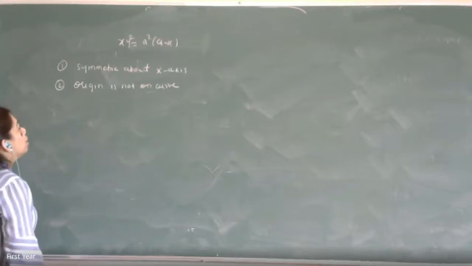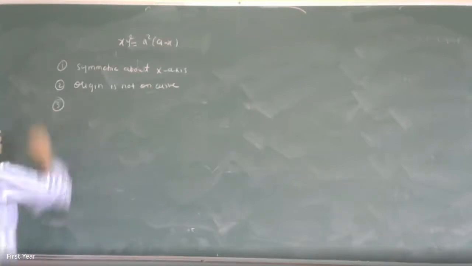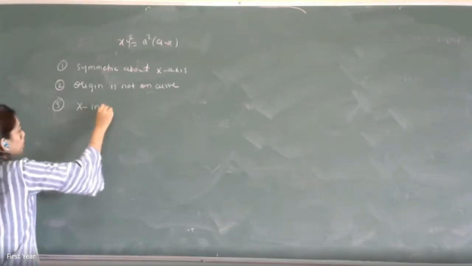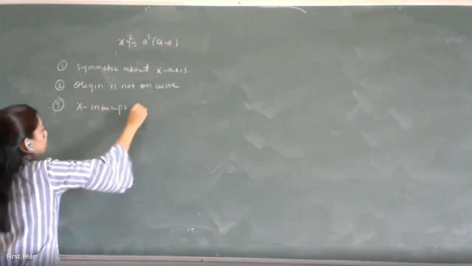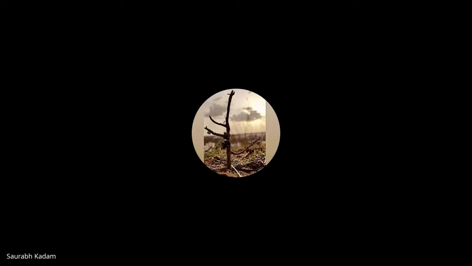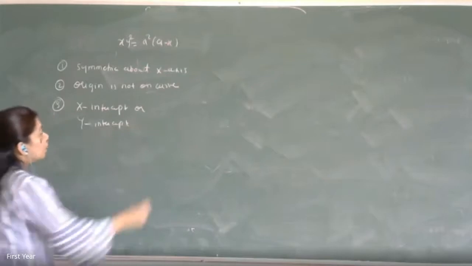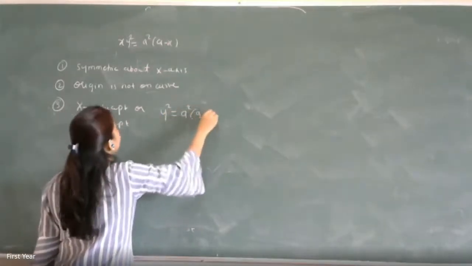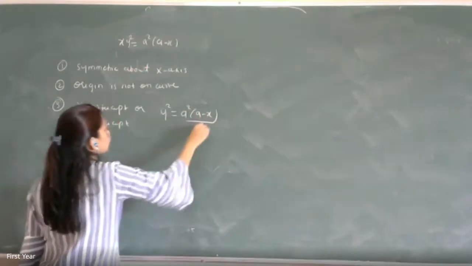Okay. So what else can you see? Any other point of intersection, x-intercepts or y-intercepts? At 1, 0. Yes. So first write down y square is equal to a square into a minus x upon x. This is one way to write it.